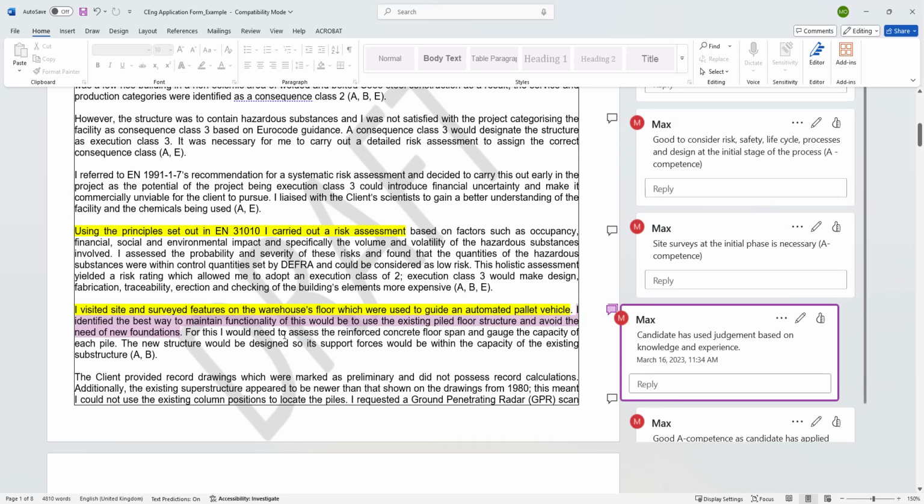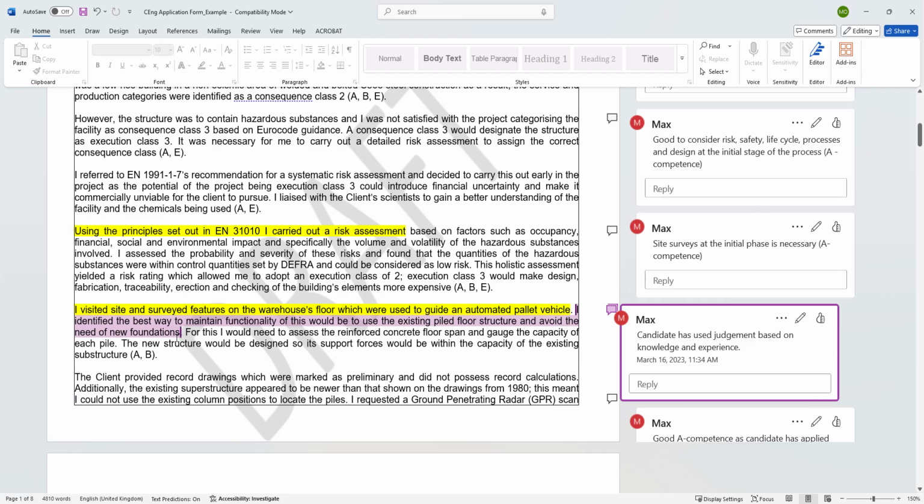So here the candidate is providing an example of an engineering judgment which was based on the candidate's knowledge and experience. Okay, so the sentence says, I identified the best way to maintain functionality would be to use the existing piled floor structure and avoid the need of new foundation.